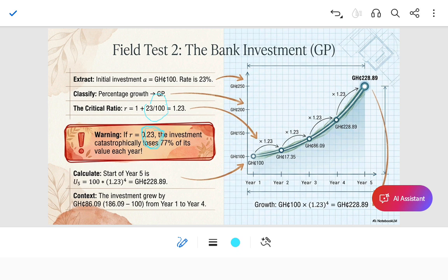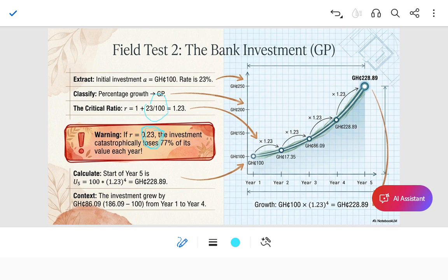So we are saying that it is always plus 1. We are assuming that the first money is 100%, then plus the increment. It is very, very important for you to do that.